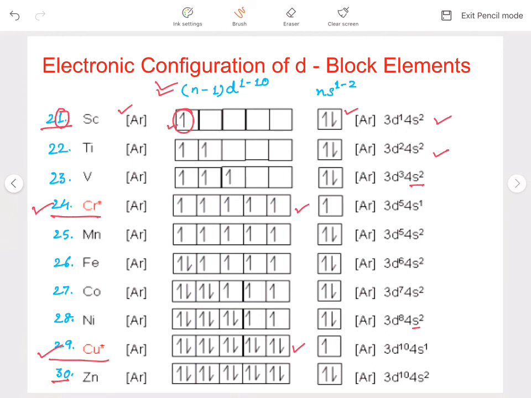But if you have to make ions of these, the last electron from the s orbital is taken out. So that is the mistake children make. They write 3d after 4s, and while making the ions they take out electrons from the d subshell. So this is wrong. You must learn this way of writing the proper electronic configuration.